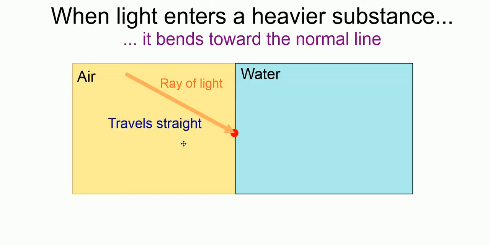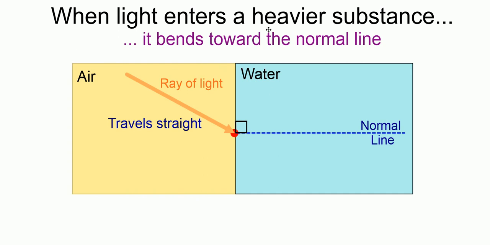All right, we'll go back here and start again. This ray is coming through air, which is light, right? It says here, when light enters a heavier substance like water, it bends toward the normal line. So first let's draw a normal line right there. See it? It's perpendicular to that surface, it's 90 degrees, and there's your normal line.